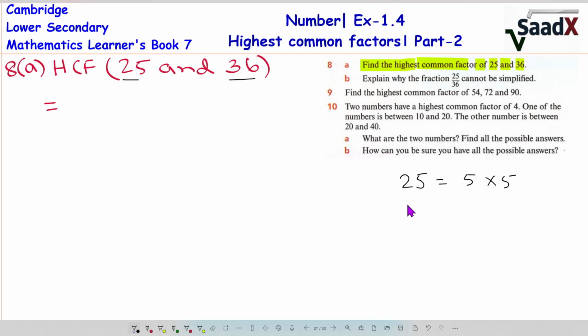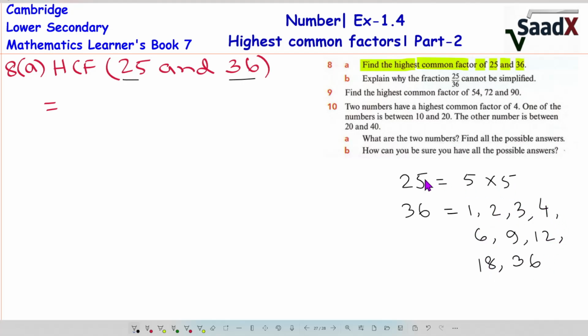If we list the factors of 36, it will become 1, 2, 3, 4, 6, then 12, before 12 should be 9, then 12, then 18, and finally 36. Look, here is no 5.